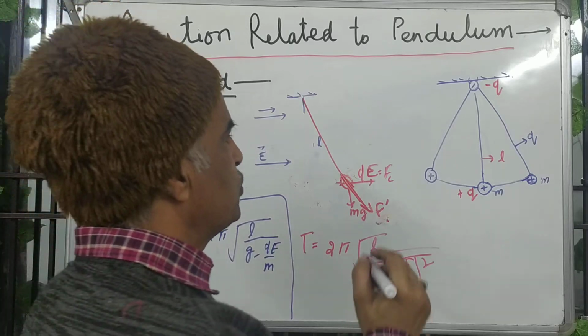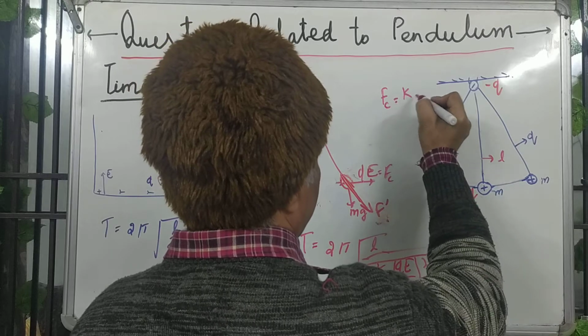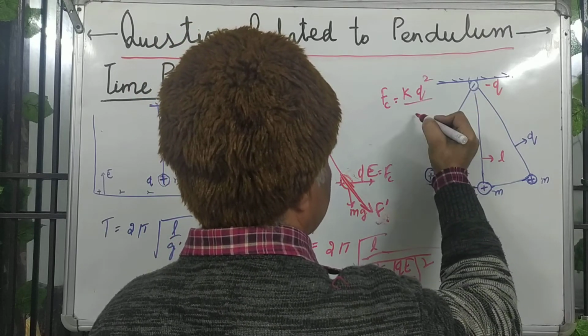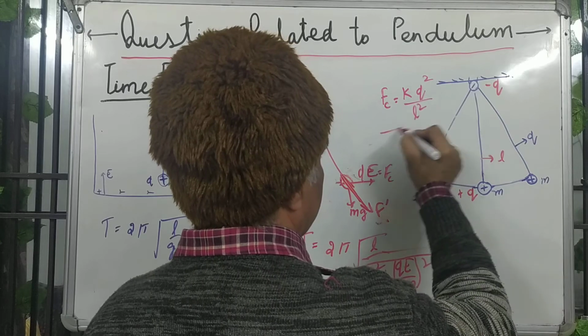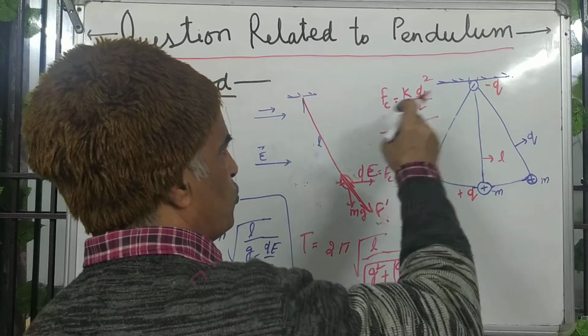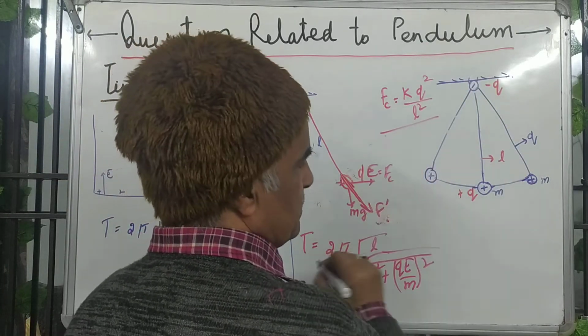So the Coulombian force Fc equals K Q1 Q2 upon distance L square. This Fc will act upward. Due to this force, the upward acceleration is Fc by m.